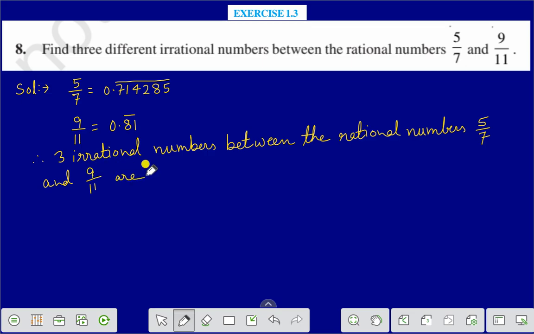We are getting here, you see, this is 0.71.